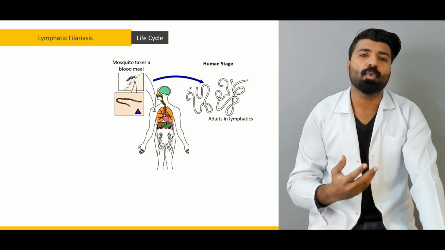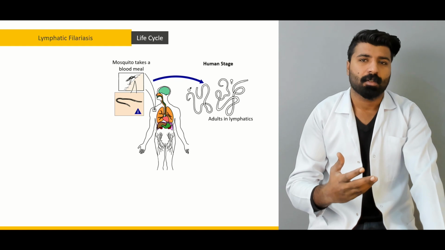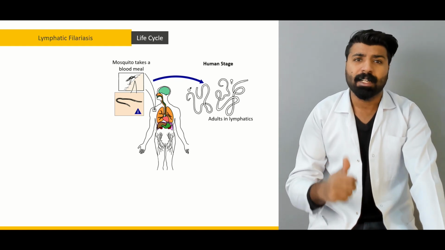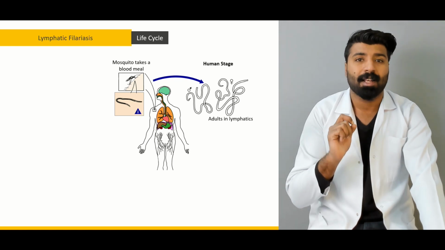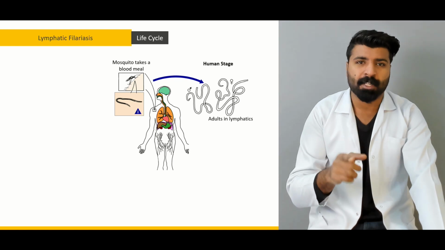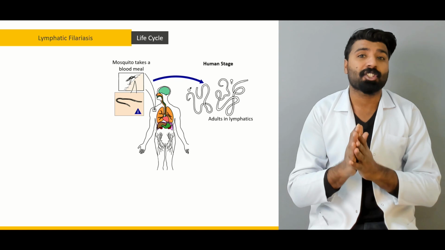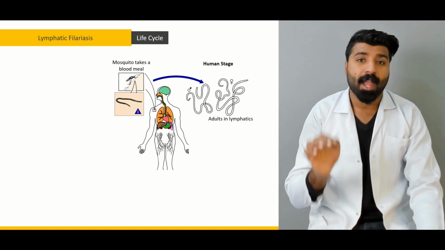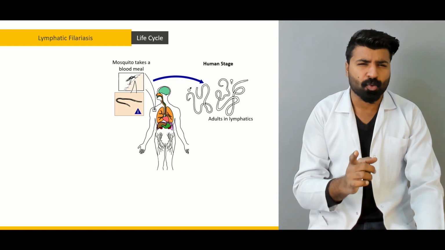Now what we do know is that adult worms are found in the lymphatic system of the human being. On the other hand, the offspring are found in the bloodstream, in the peripheral blood at night. So, when are the mosquitoes going to bite you?